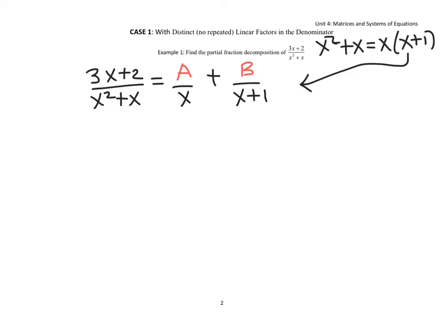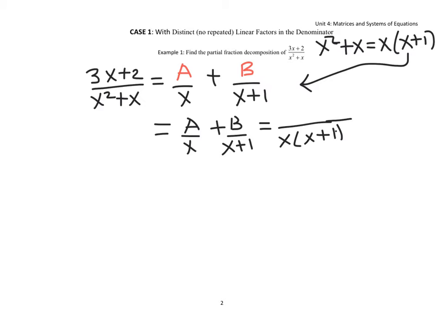Now my next step is to do the right hand side. In the right hand side, I'm going to simplify that fraction. So I have a over x plus b over x plus 1. So remember the denominator is x times x plus 1. The first one is missing x plus 1, so I'm going to write a times x plus 1. Then I'm going to write b.